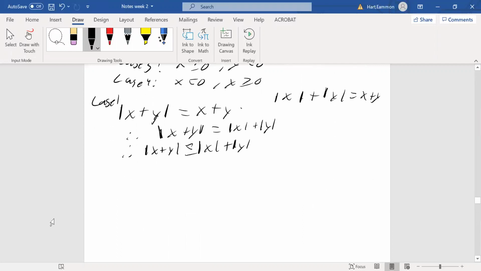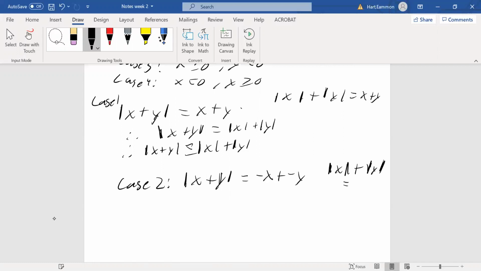So case 2 looks very similar. The absolute value of x plus y actually becomes negative x plus negative y, and then the absolute value of x plus the absolute value of y is equal to negative x plus negative y.